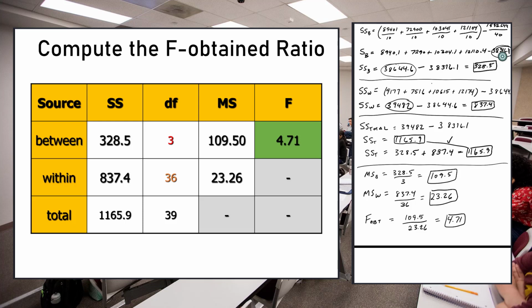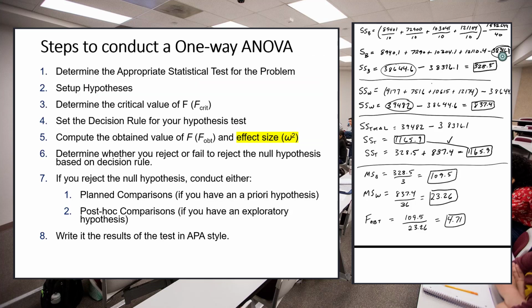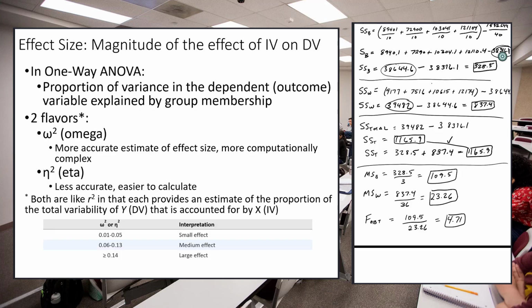Okay, now the next step is going to be to compute our measures of effect size. So we only really need to compute one. Remember, we can use either omega squared or eta squared. So just starting with eta squared. Eta squared is simply the sum of squares between over the sum of squares total.